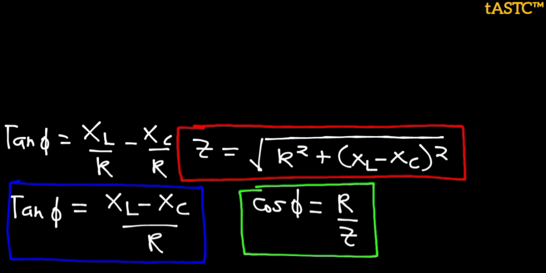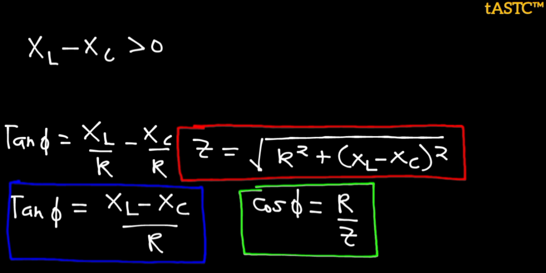If you got something like this, so I'm going to rewrite this. Let me write it as X sub L minus X sub C is greater than 0. Now if you got this, you're always going to have a positive value for the phase angle.